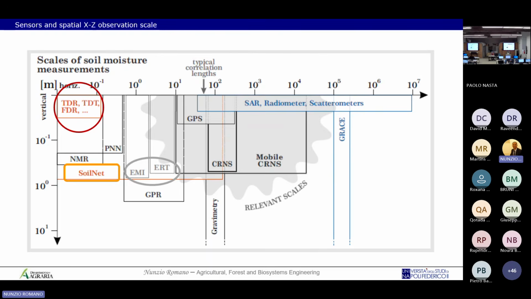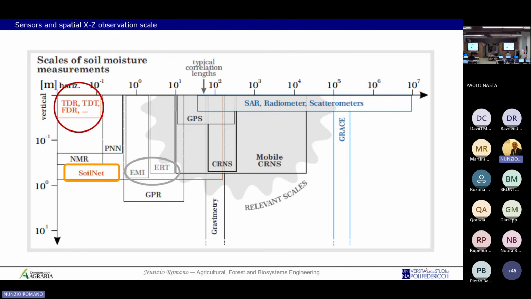That is very useful to give information on larger dimensions, even in the lower part of the soil profile. As Paolo will show on Monday, we are interested in what's going on deep in the soil, because deep in the soil, this is the lower boundary condition.